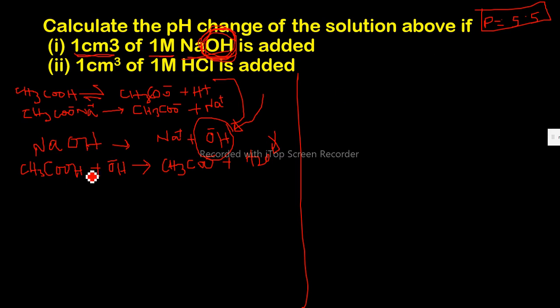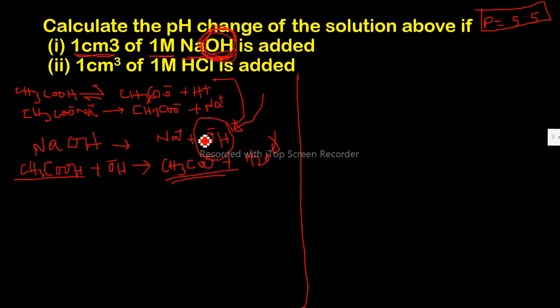In the process of buffering, some acid will react with the OH, so there will be a decrease in the concentration of the acid. But you also produce some salt, some ethanoate ions, so there will be an increase in the concentration of ethanoate ions. That is what we shall find, and we use the two to determine the change in pH.